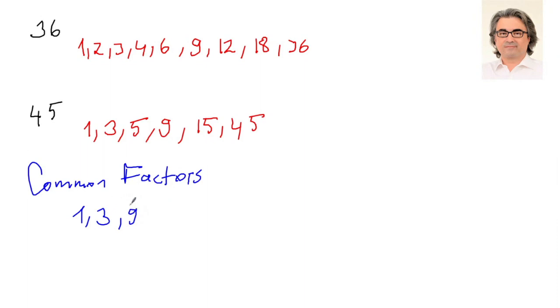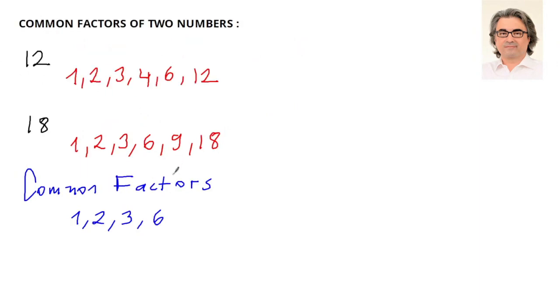Here it is 9. 9 is the greatest common factor of 36 and 45. What about the first example? Common factors are these, and here 6 is the greatest common factor of 12 and 18.